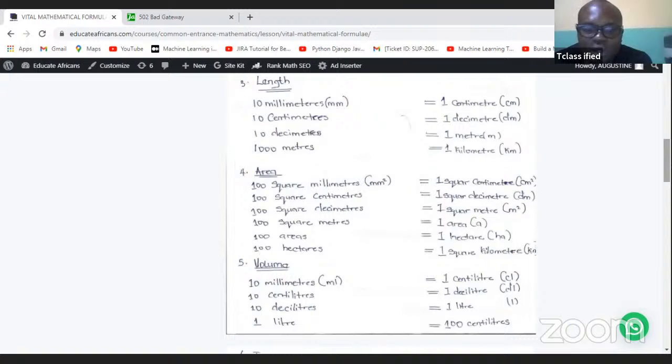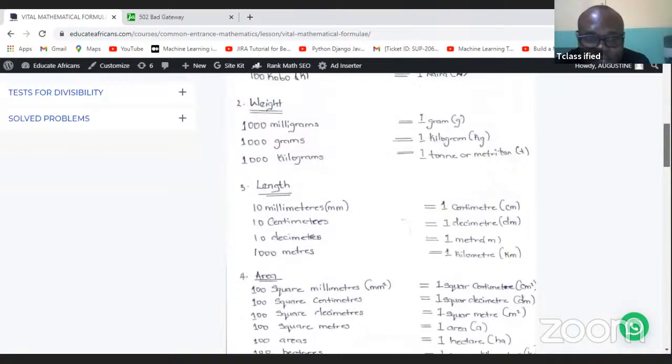And 100 hectares is the same as 1 square kilometer. And 100 square decimeters is the same as 1 square meter. So those are the major areas, but for areas and volumes, the more we get to solving problems, the more you understand them. So they are not as important as these first three.